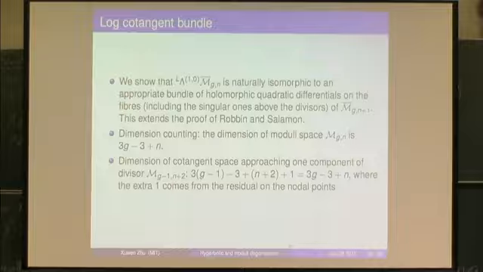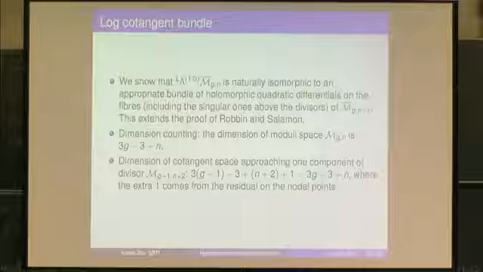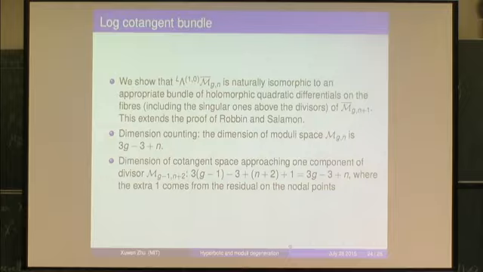If you compute that, you'll find there's an extra 1 missing. This 1 actually comes from the residue of the log cotangent on the nodes. That is how the cotangent bundle matches with the cotangent bundle on the divisor. And the proof, extending Robin and Solomon, basically considers the solvability of the d-bar operator, which is eventually another form of Riemann-Roch.